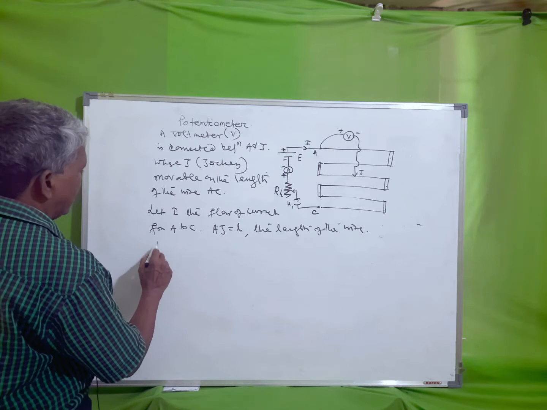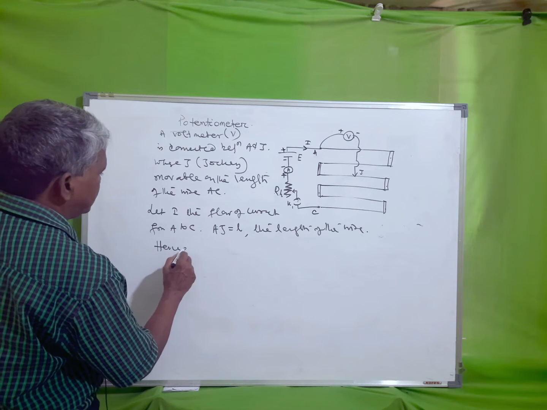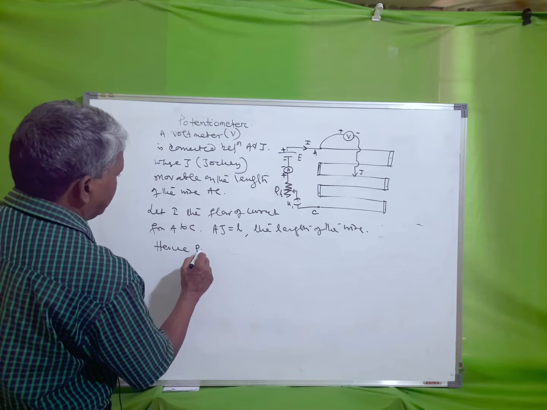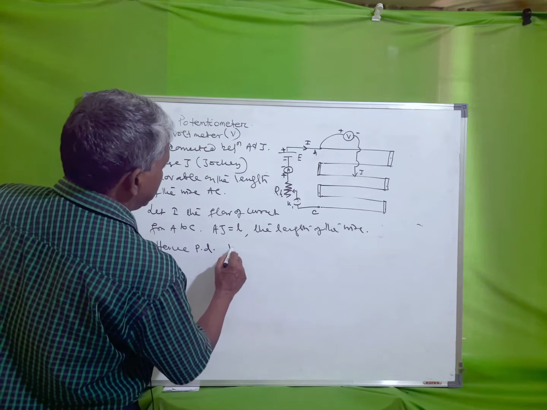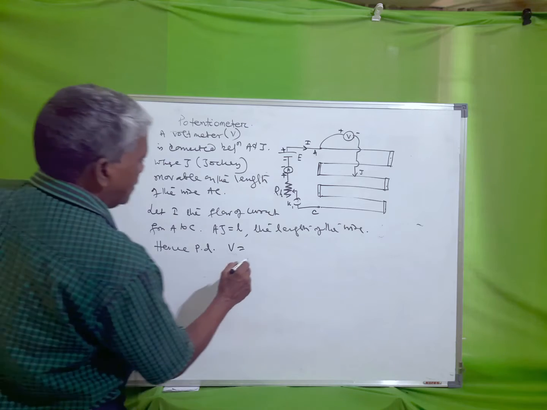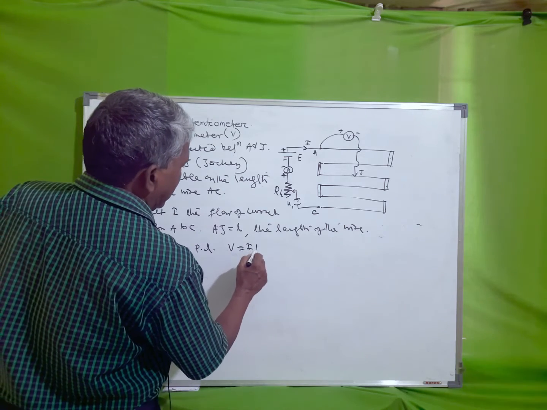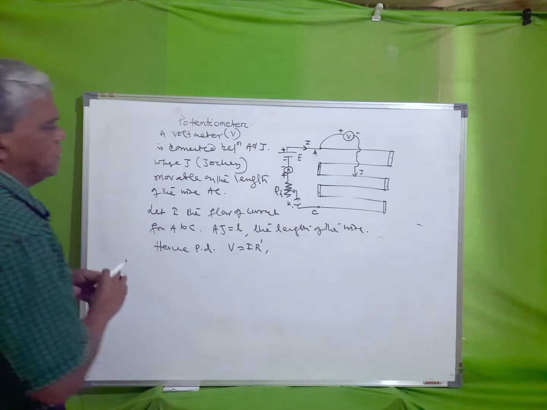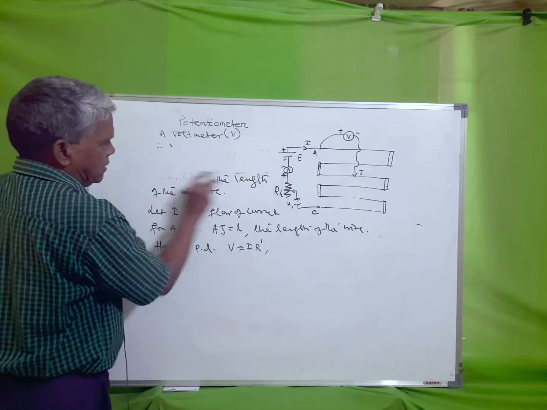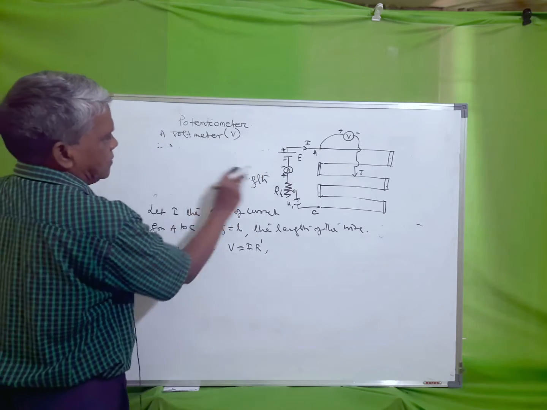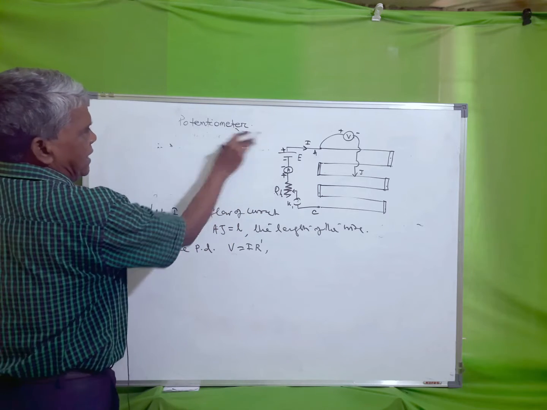Hence the potential drop V is equal to I into R dash, where R dash is the resistance of the length of wire AJ.